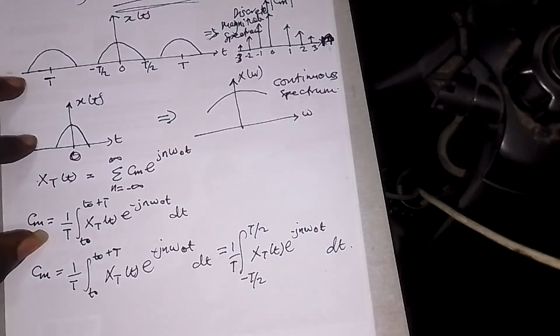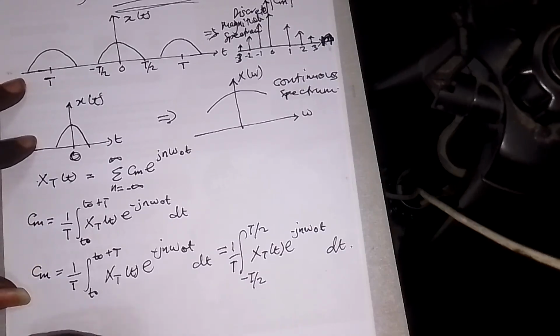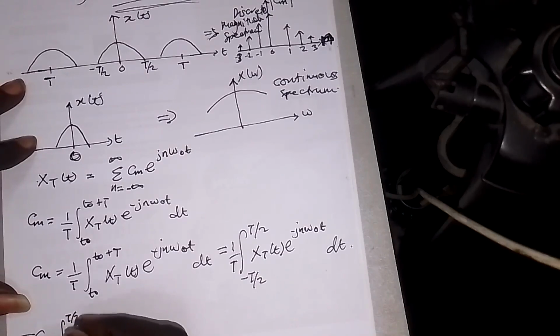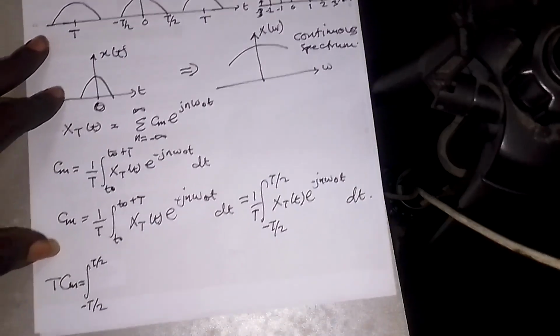So now if I bring this T here, then I'm going to have T times c_n, which is equal to the integral from minus T on 2 to T on 2.